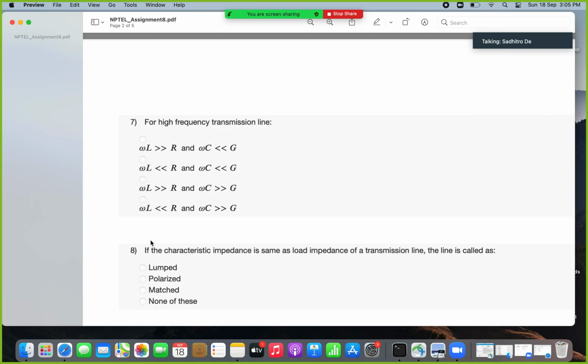And the other condition is, what is the omega C condition here then? Capacitance is less, but omega is more. So you know that capacitive resistance is actually 1 by omega C, right?